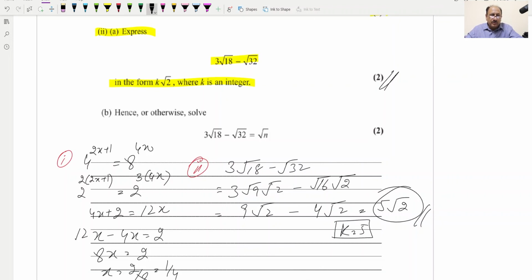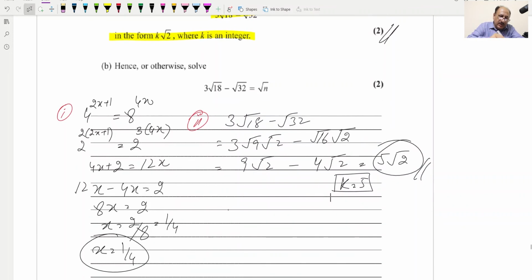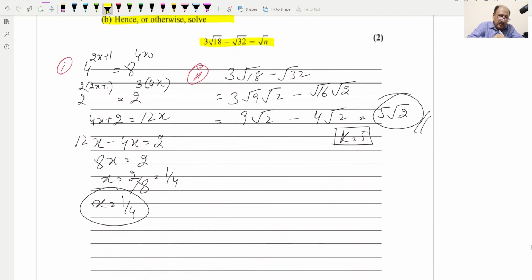This is also done. Now B part, hence or otherwise, solve this one. So B part will be 3 under root 18 minus under root 32 is equal to under root n. So this is the answer which we are using.